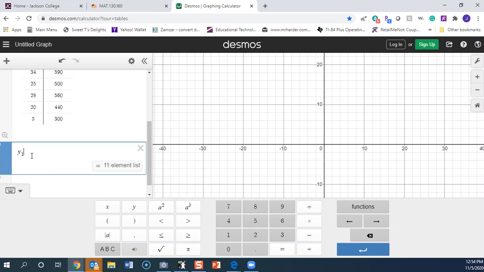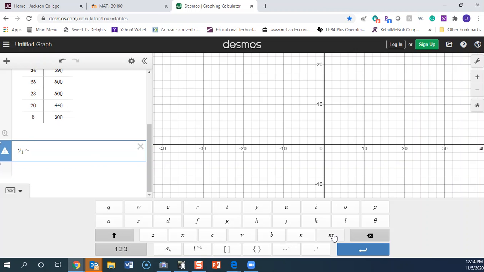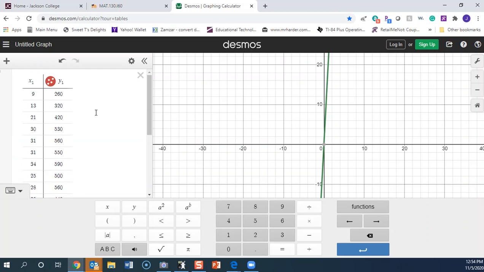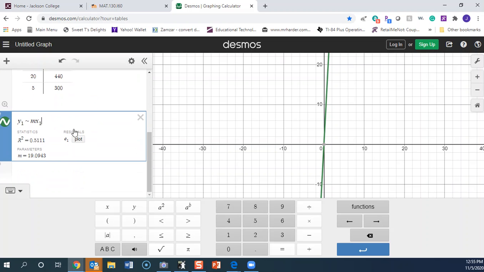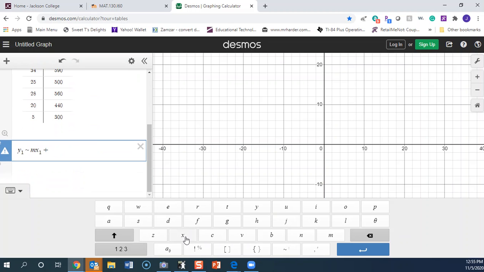You see how it's subscripted already. Then you will hit this ABC, and you have to hit what is called the tilde. Then you will hit MX, and then you'll put 1, because up here, remember the X has X of 1, and then you will put plus, and then B.